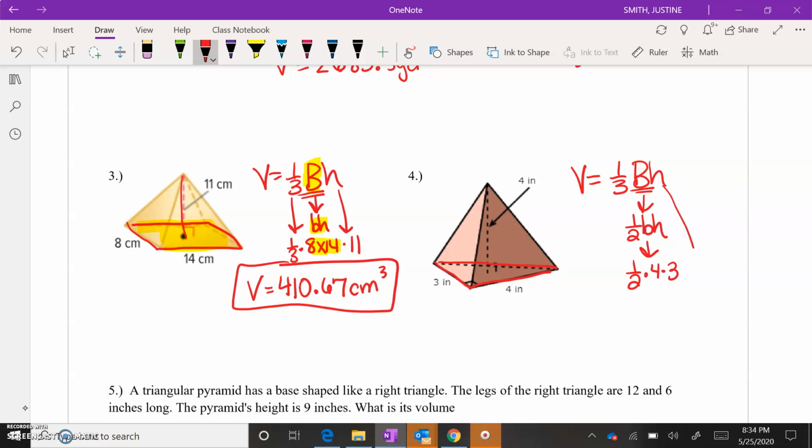This height is the height of the whole figure, which is 4. And then the 1/3 just comes down as well. So I'm going to multiply this all together. So 4 times 3 times 4, and then times 1/2, or you could do divided by 2, it's the same thing, times 1/3, or divided by 3 would be the same thing, to get you 8 inches cubed.